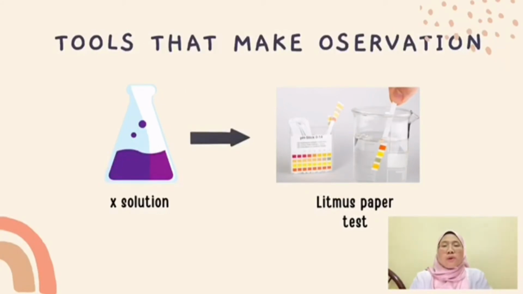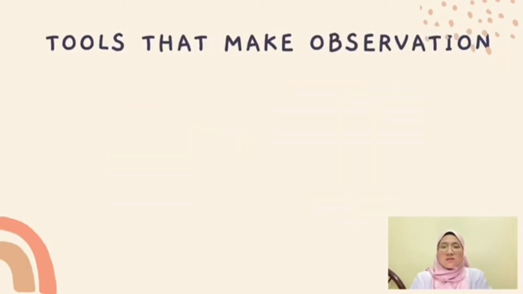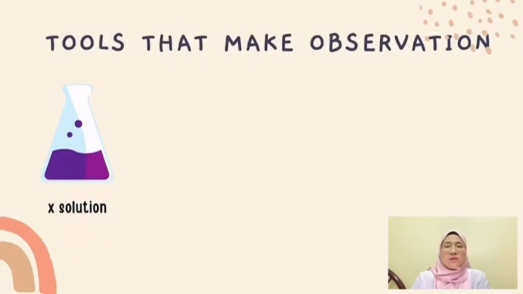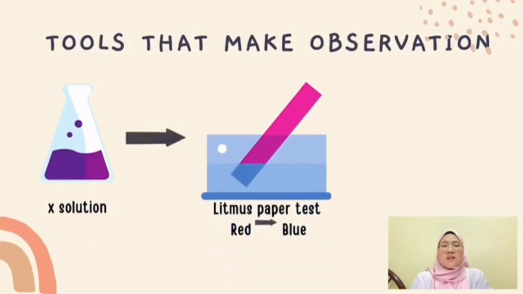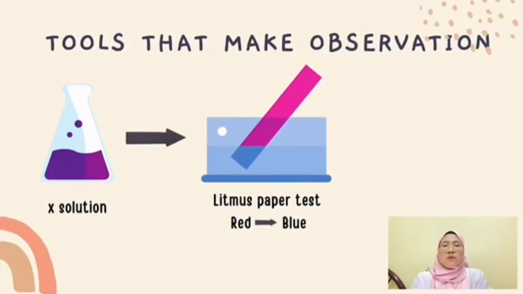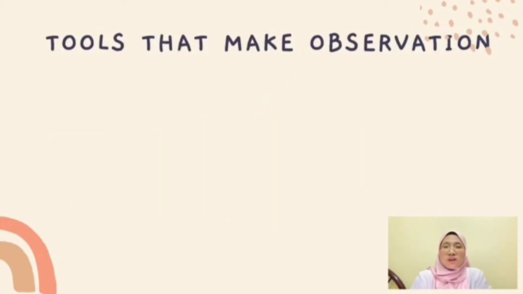When we use the litmus paper to observe the solution, we notice that the litmus paper changes from red to blue. From the observation, we know that the solution is basic. So that's how you use tools or equipment to make observations.